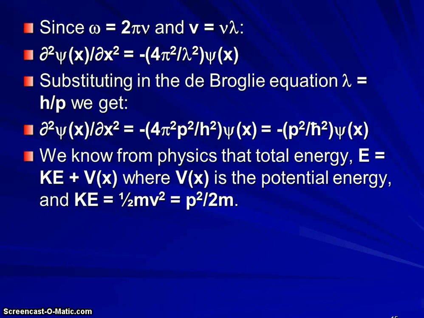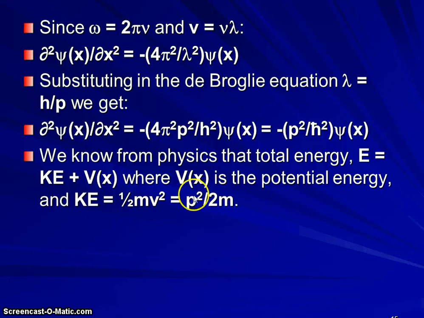We know from physics that total energy is kinetic energy plus potential energy. So we could have some potential energy function, and then energy of motion is 1/2 mv squared, which we showed in class the other day is p squared over 2m.